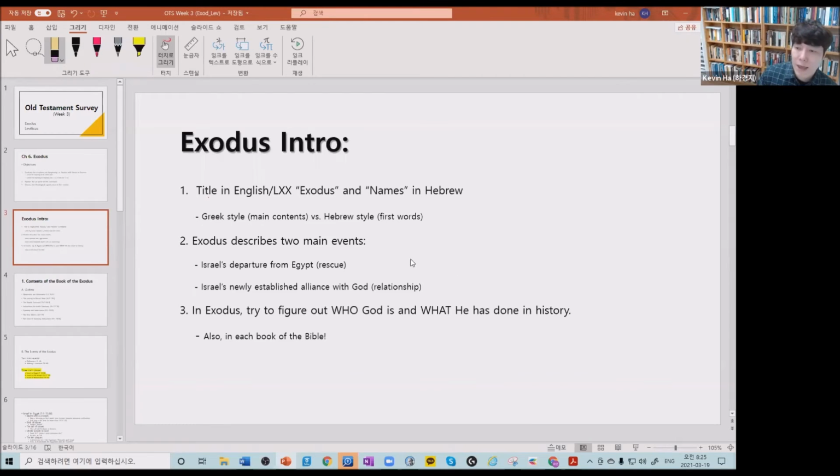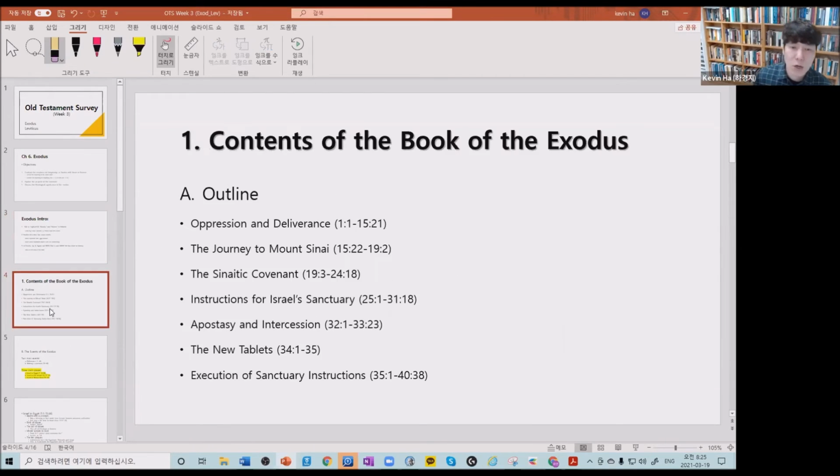Then let's go to the outline of the book of Exodus. The first section is oppression and deliverance, which goes from chapter 1 to 15. And then the journey to Mount Sinai is 15 to 19, and then they made a covenant.